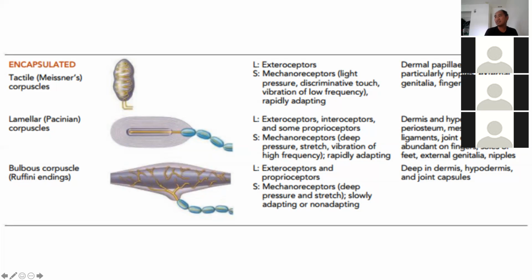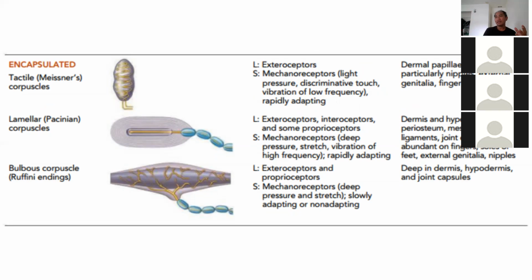They are present in hairless skin: nipple, external genitalia, fingertips, eyelids. And what do they detect? Because they are at the external environment, according to location they are exteroceptors. And by structure, they are mechanoreceptors, detecting light pressure, discriminative touch, vibration, and low frequency.